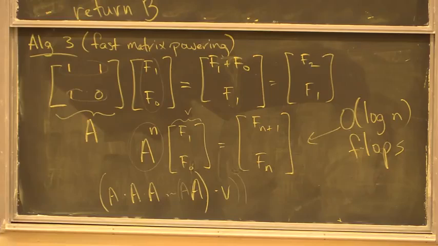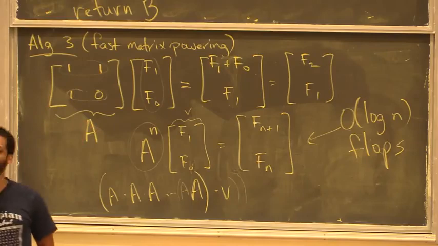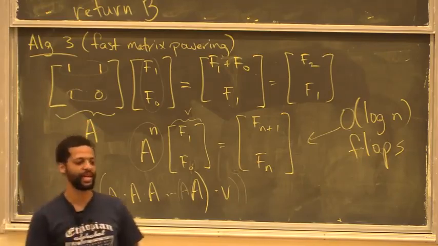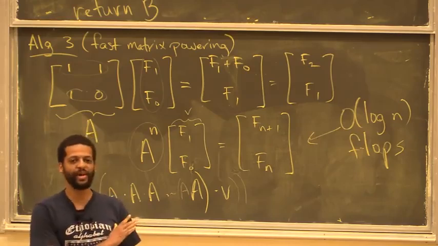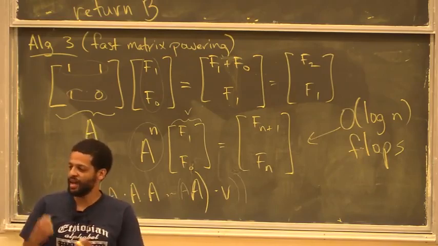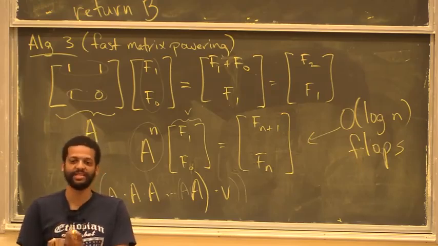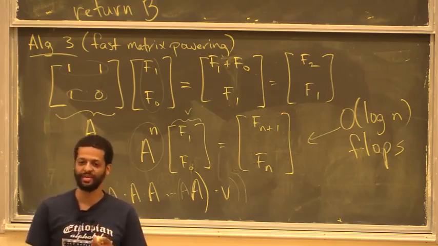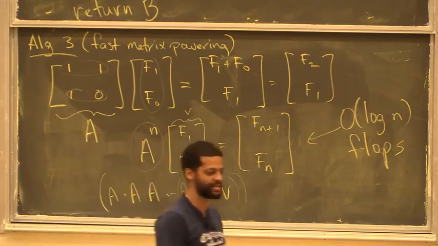So the truth is that, yes, algorithm 1 does take exponential flops, algorithm 2 does take linear flops, and algorithm 3 does take log n flops. But this is an example where flops is not the same as time, right? Because actually multiplying two numbers doesn't take constant time. It depends on how many digits are in the numbers. And adding two numbers doesn't take constant time either.